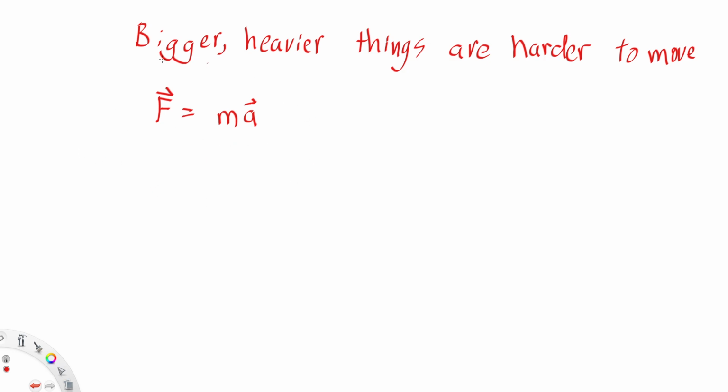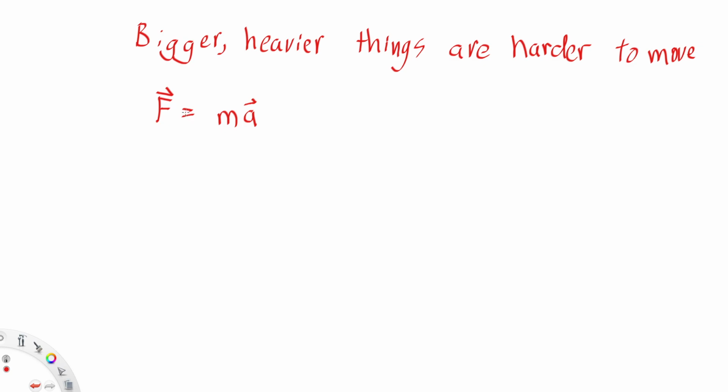The other thing that we want to note is what happens if there's more than one force trying to change an object's velocity at once. Well, we already know a bit about vectors. So a force is a direction and a magnitude, which we know it is, right? Because if you push something to the left, it's going to accelerate to the left. You can't shove something to the left and have it fly up into the sky. That's just not how anything works.